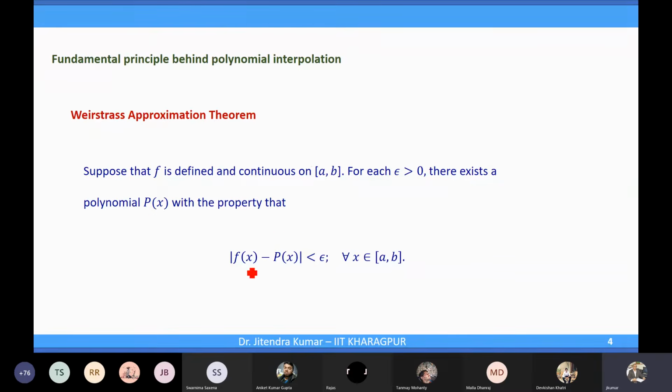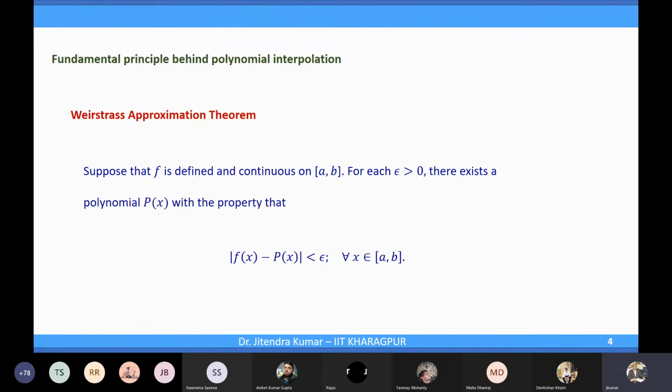That means you can approximate the given function by a polynomial as well as you want, as well as means the epsilon you are choosing. If epsilon is very, very close to 0, then f and p(x) are very close to each other.